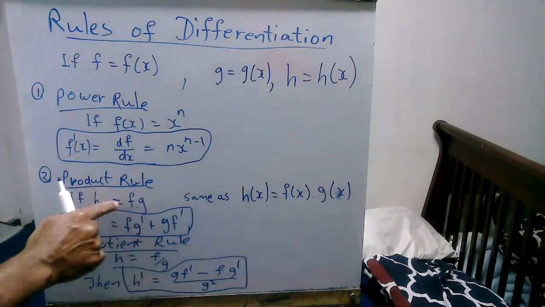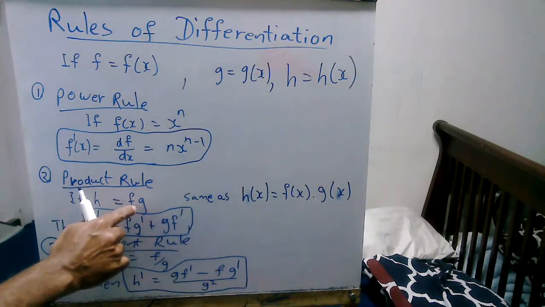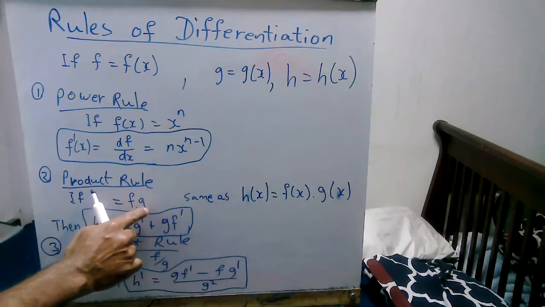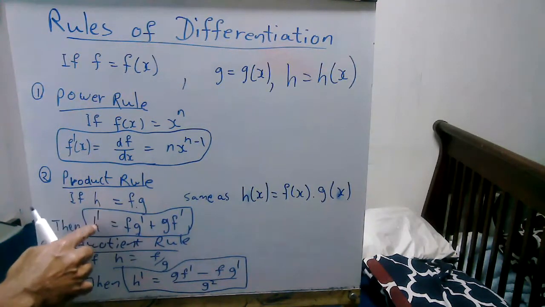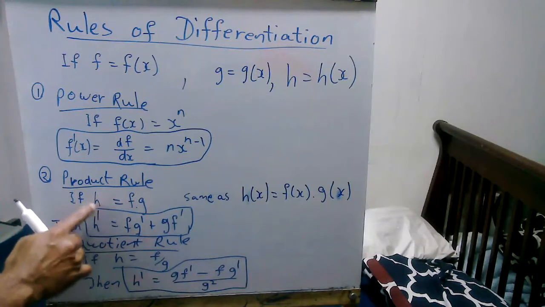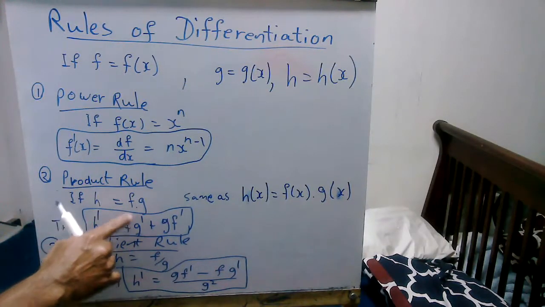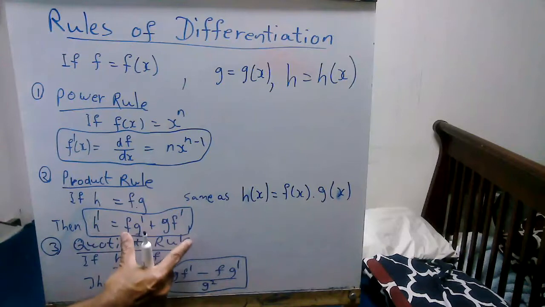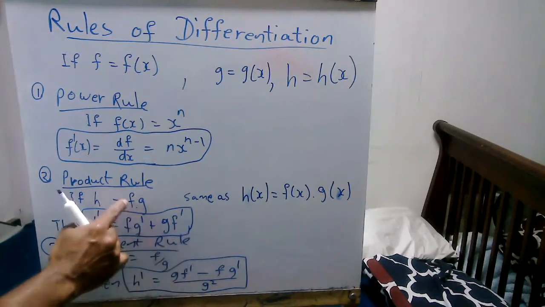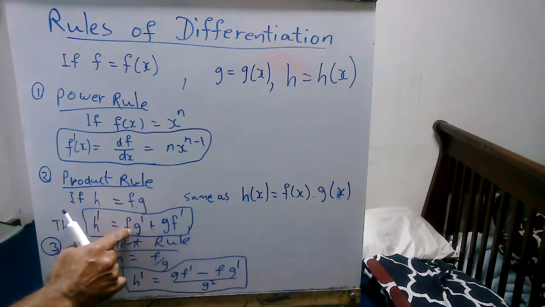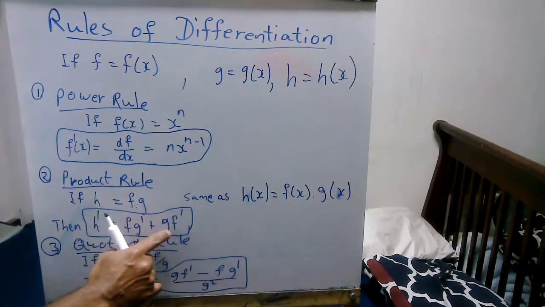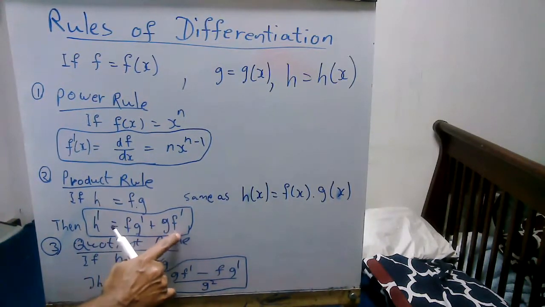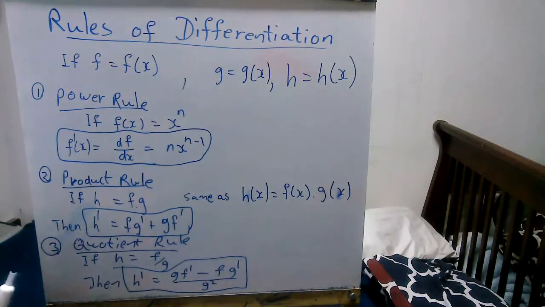If h equals function f times function g, we can write the derivative h prime as, keep this in mind, this is the important thing: first function f times g prime, the derivative of g, plus g times the derivative of f.